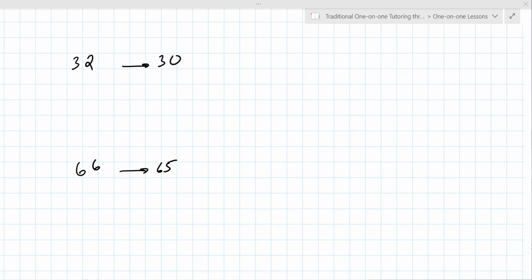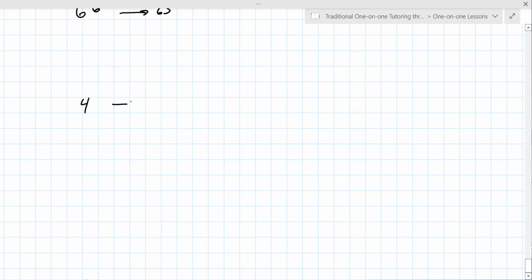Okay, now let's try some single digit numbers. What does 4 go to? 4. It goes to 3. It's got to go by the 5s, 0, 5, 10, 15, 20, 25, and so on. 5. Goes to 5.